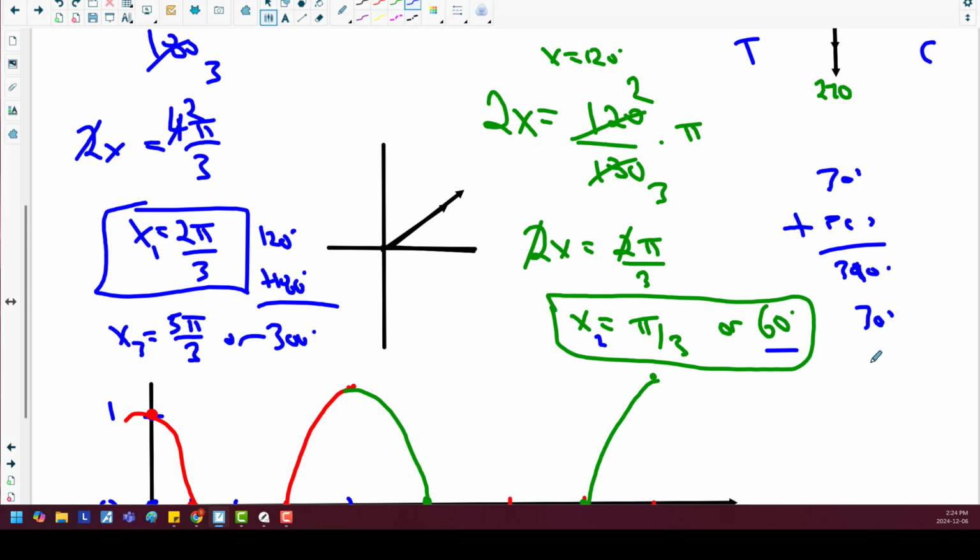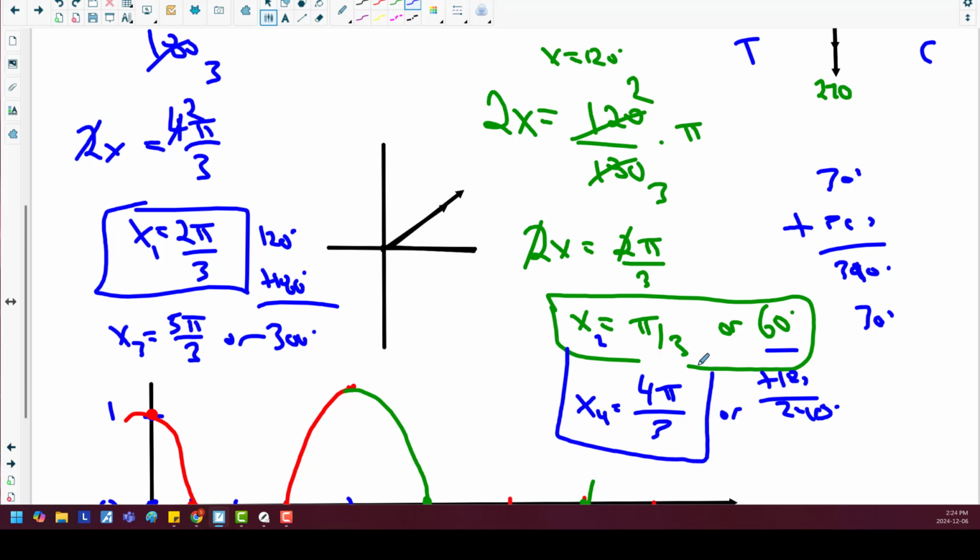Or 300 degrees. And the same thing here, I can add 180 to here, and I'll get 240 degrees. Or add pi to pi over 3, which is the same thing as 3 pi over 3, so it's 4 pi over 3 is the answer. Or 240 degrees.